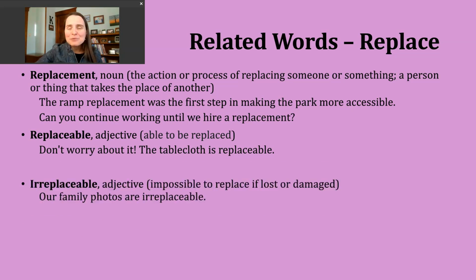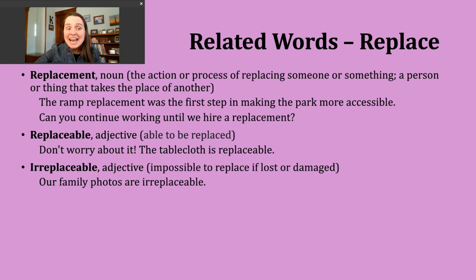Now, one last word for us to discuss today. I've added the prefix IR. IR here, which can mean not in English. So we've got a new adjective. It's irreplaceable. Irreplaceable. This means that something is not able to be replaced, or it's impossible for it to be replaced if it has been lost or damaged.